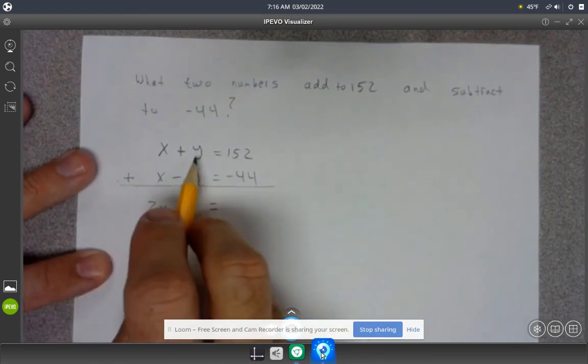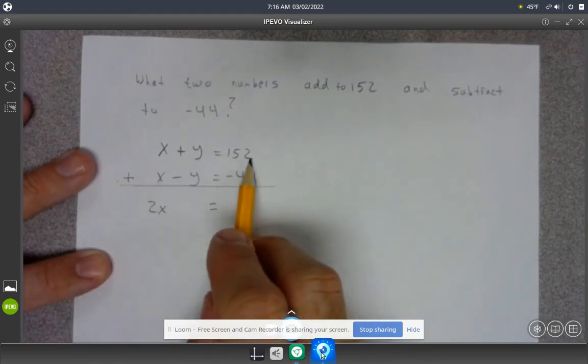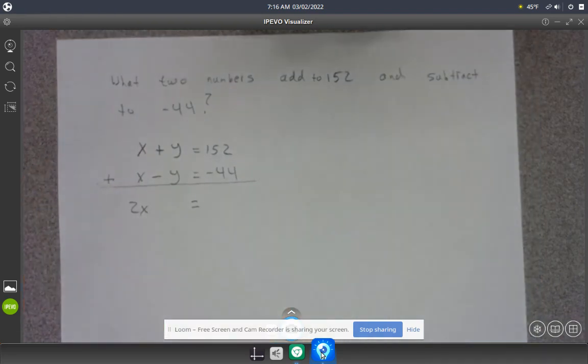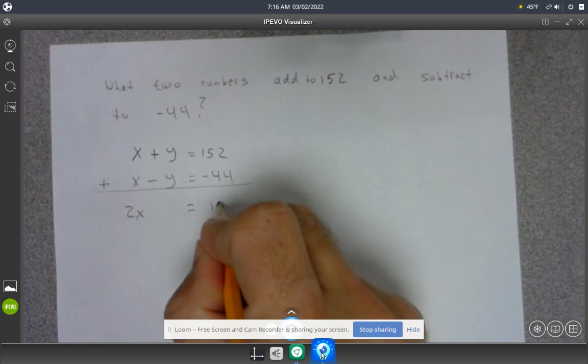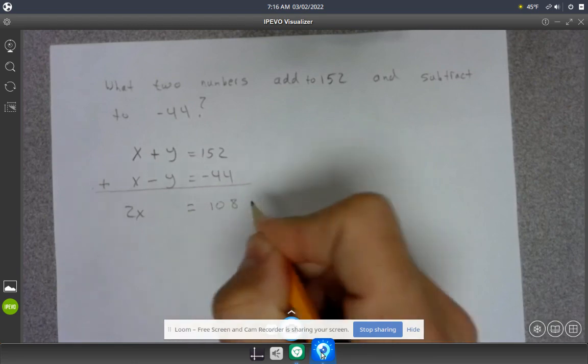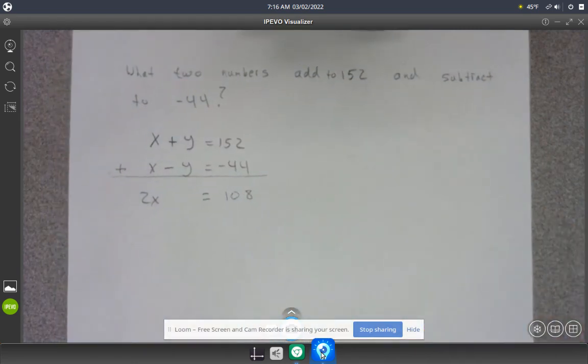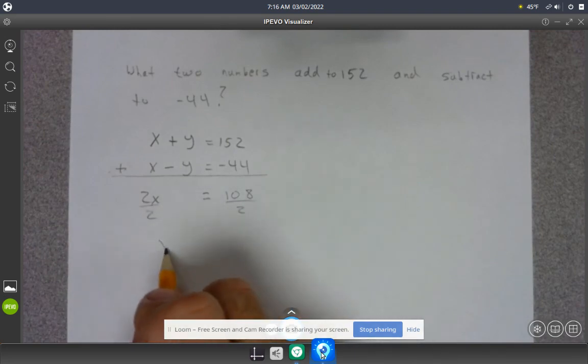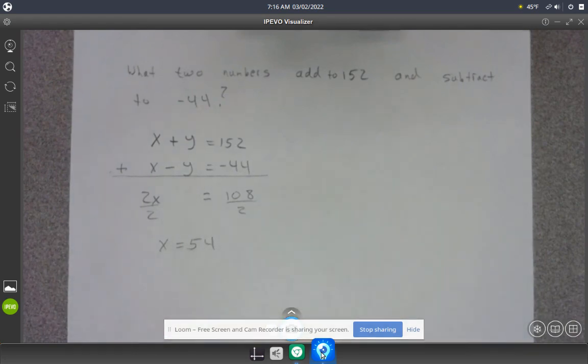And then that'll cancel out the y's. 152 plus negative 44. That is 108. Yep, 108. And then we'll divide by 2. That'll give us 54. So one of the numbers is 54.